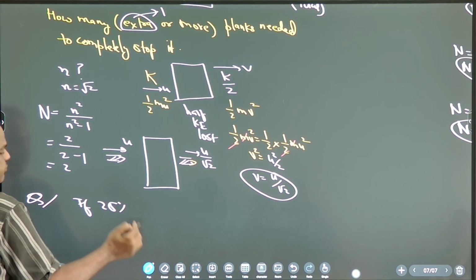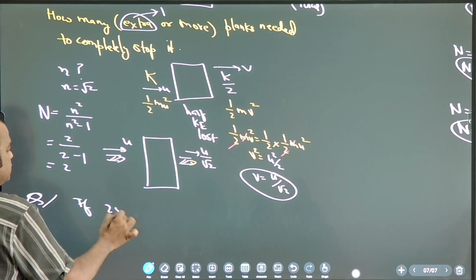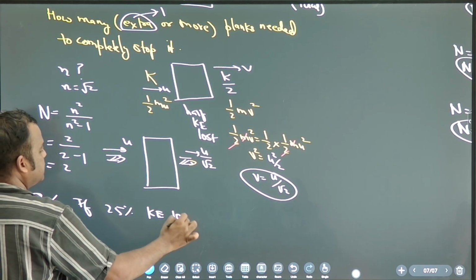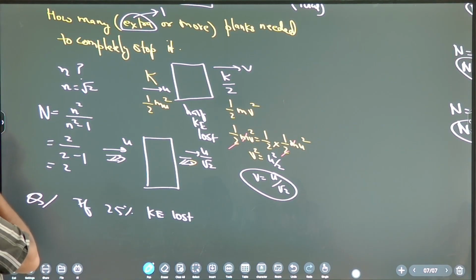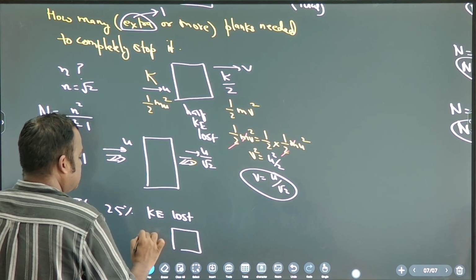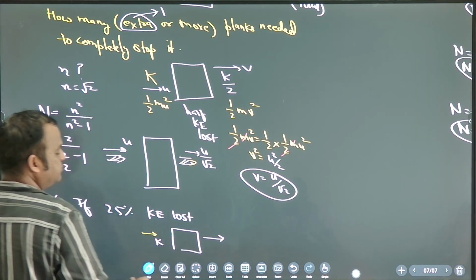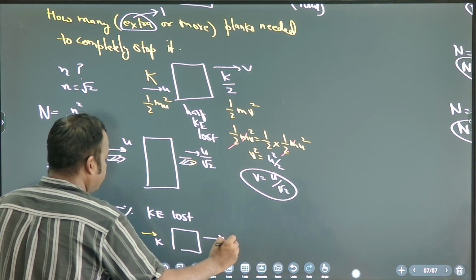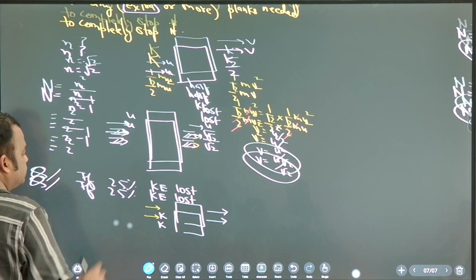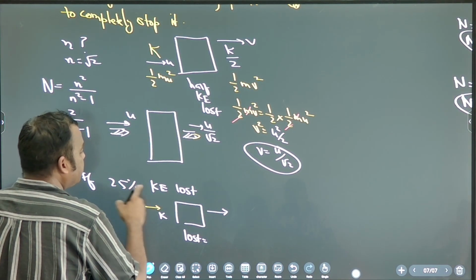If 25% kinetic energy is lost, suppose the initial kinetic energy is K, what is the final kinetic energy? K by 4 or 3K by 4? Lost is 25%.